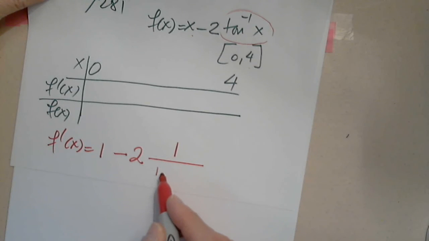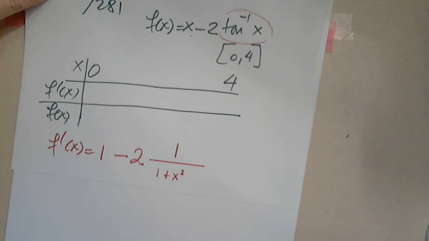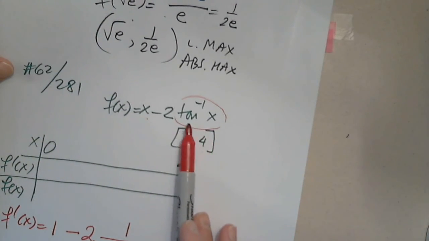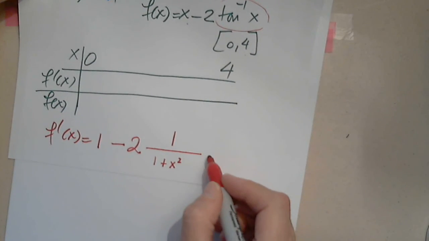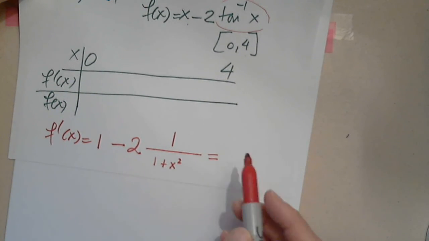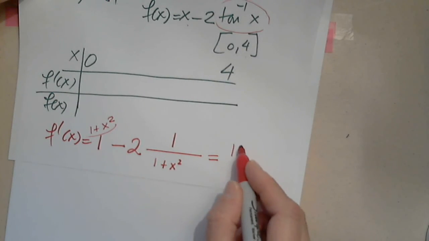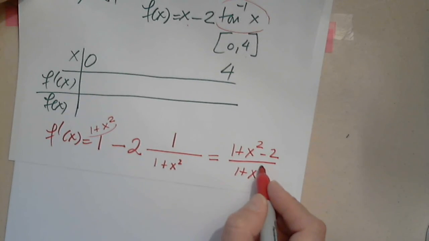It's the inverse tangent, the arctangent. Arctangent prime is 1 over 1 plus x squared. Is that okay? So then I need to multiply this. So I have 1 plus x squared minus 2 over 1 plus x squared.